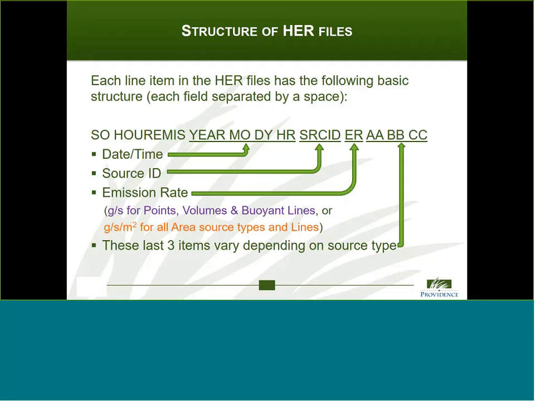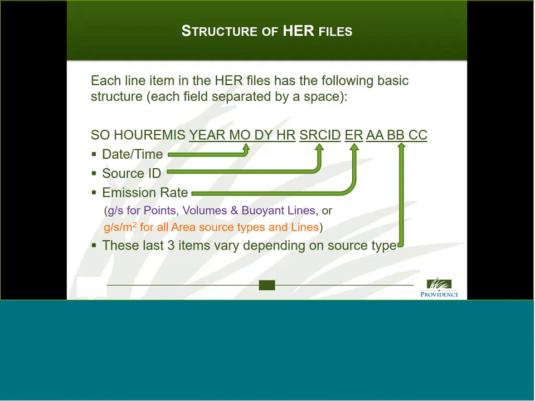But one note is your hourly emission rate file is not developed in BEAST, at least not the way that we're going to do it here. So since it's going to go into AERMOD directly, when you put in your emission rate and any parameters that go into this file, they need to be in metric units. So our emission rate has to be in grams per second for point sources, volume sources, or buoyant lines.